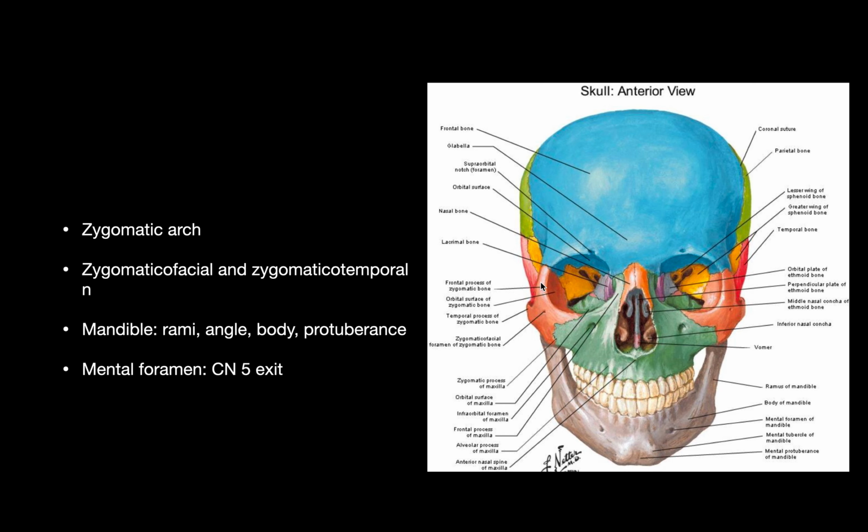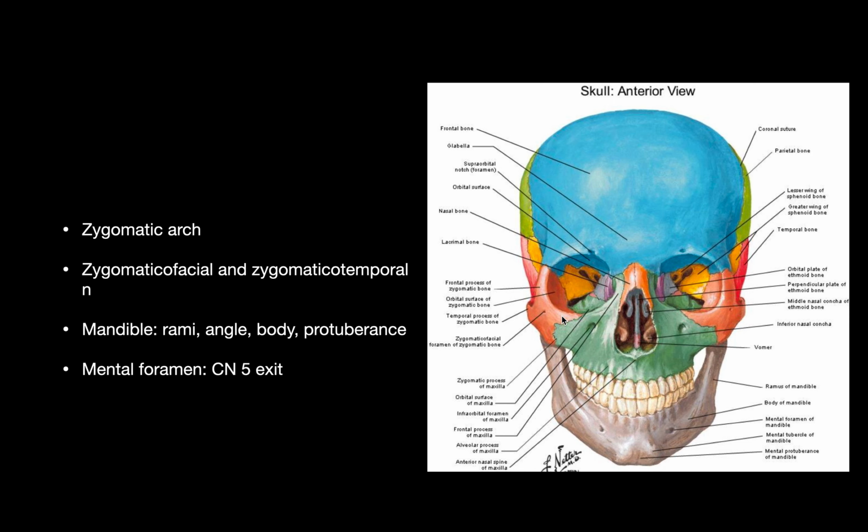So this would be the frontal process of the zygomatic bone. And this would be the orbital surface of the zygomatic bone. And down here would be the temporal process of the zygomatic bone. Right here. And right here would be the actual zygomatic arch.